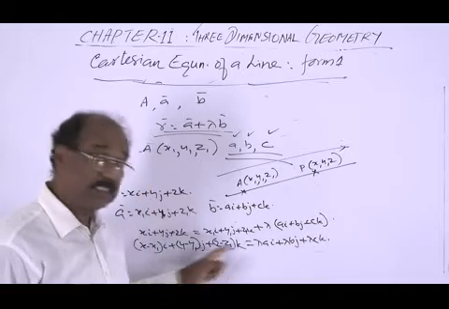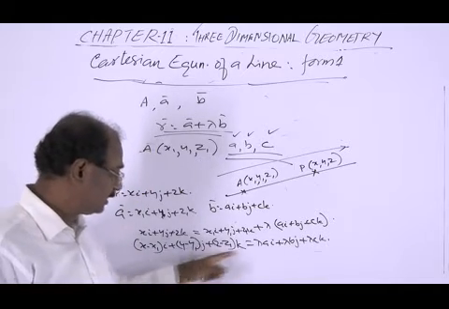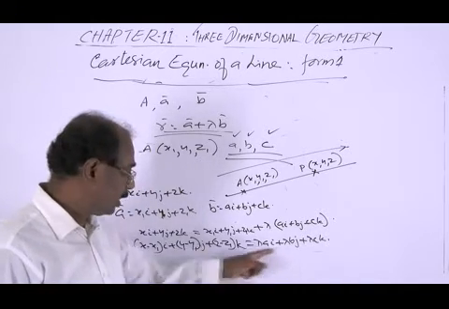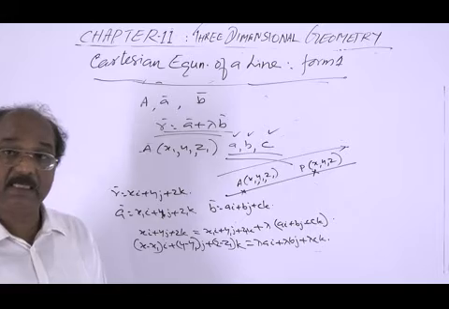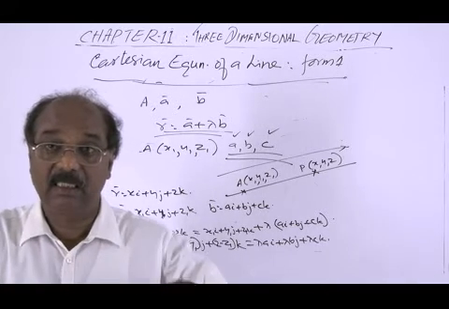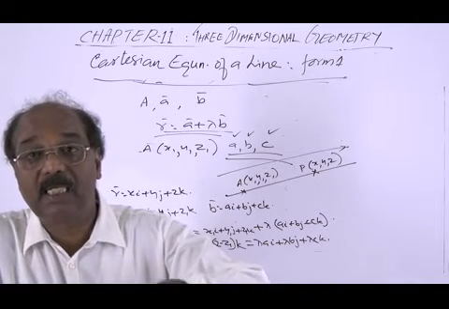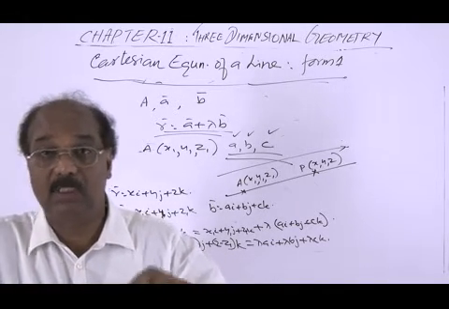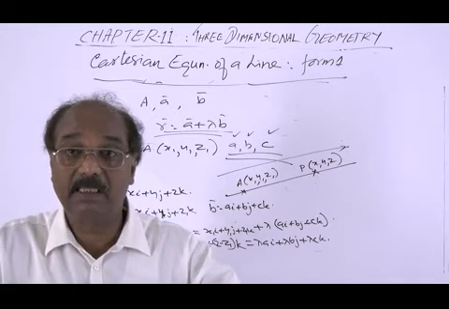These two are vectors: the left side is a vector and the right side is another vector. And these two are equal, which means the corresponding components are equal.